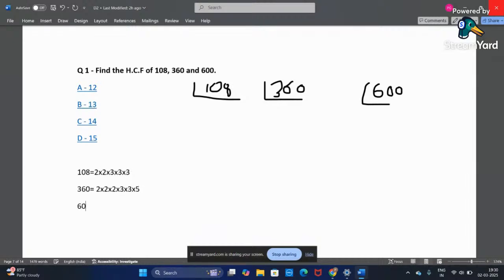For 600, we are getting 2 into 2 into 2 into 5 into 5 into 3. These are the values we get with this method. This we can write as 2 to the power 2 into 3 to the power 3. Same way we can write it here as 2 to the power 3 into 3 to the power 2 into 5. Here also you can write it as 2 to the power 3, 5 to the power 2 into 3.